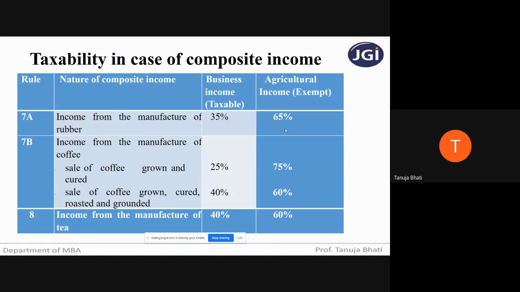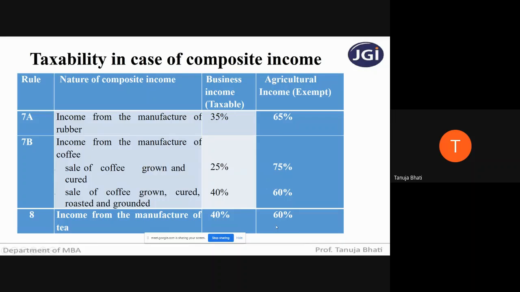Suppose I'm getting an income of 1 lakh rupees, then 1 lakh into 65%, that is 65,000, will be exempted, and only 35,000 rupees will be taxable as business income.